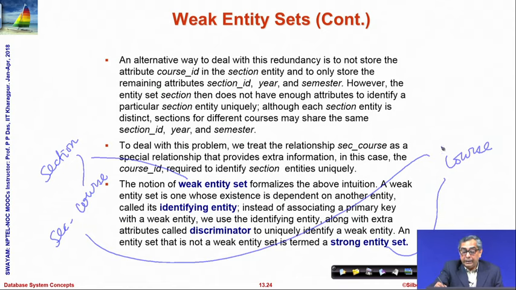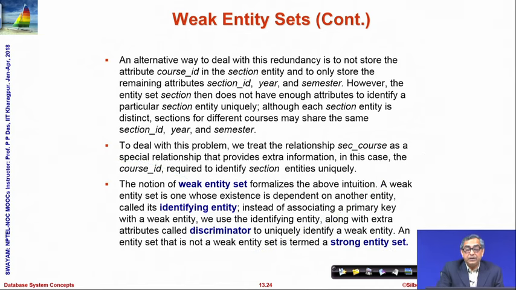So, this is the identifying entity through which the entities of this set get specified, and whenever that situation happens, then we say that we have a weak entity set.